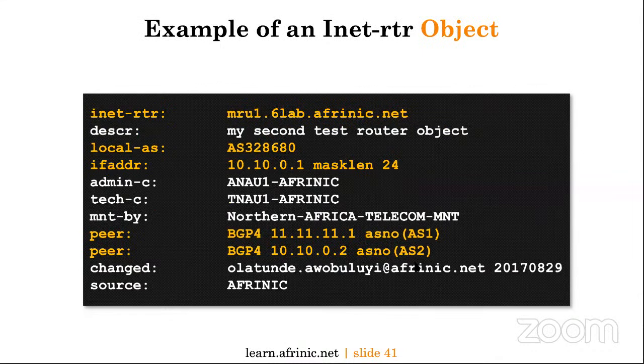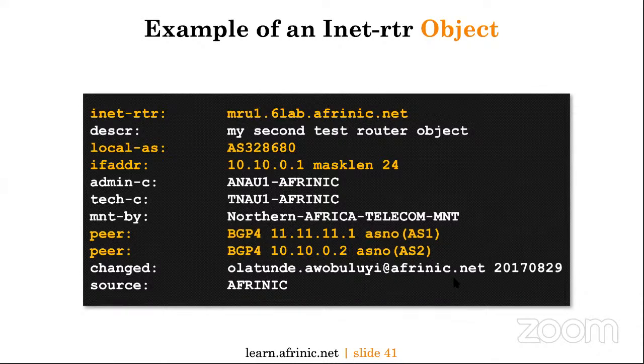So this is an example of an inet-rtr object. You can see, like I said, the inet-rtr name itself is a full domain name, right? You can see the local AS, you can see the interface address and the mask length is all there. And then the BGP peers, right?